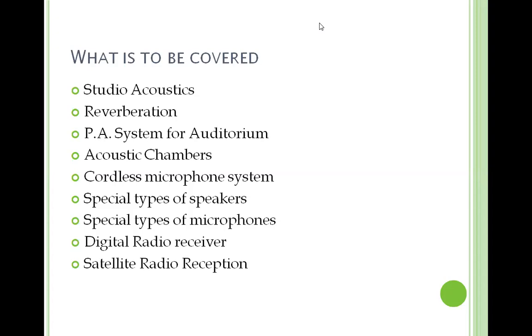Then how to develop a room into a studio, into a chamber, that is called as acoustic chamber. And to share this audio from one place to another, we require microphones and loudspeakers. So some of the types of microphones as well as loudspeakers we have to study, and the concept of digital and satellite radio receiver we have to study.